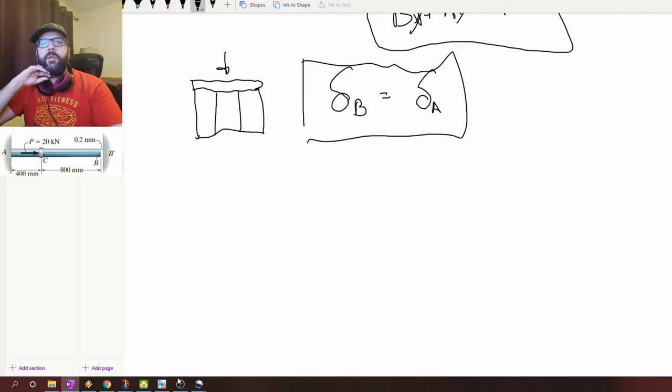So if we're working with that, then we can go ahead and say the displacement of the brass is going to be equal to By times the length divided by the area of the brass times the Young's modulus of the brass.